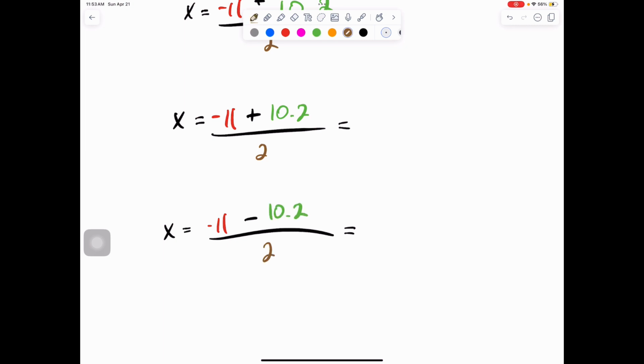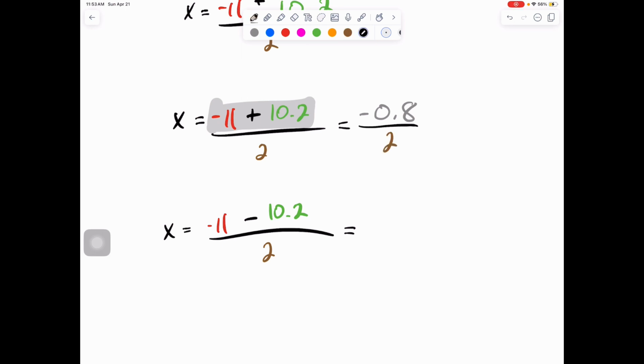divided by 2. And if we go ahead with our computation, we have negative 11 plus 10.2, giving us negative 0.8 or negative 0.8. We can take that, we can divide it by 2. Let me get our brown out.